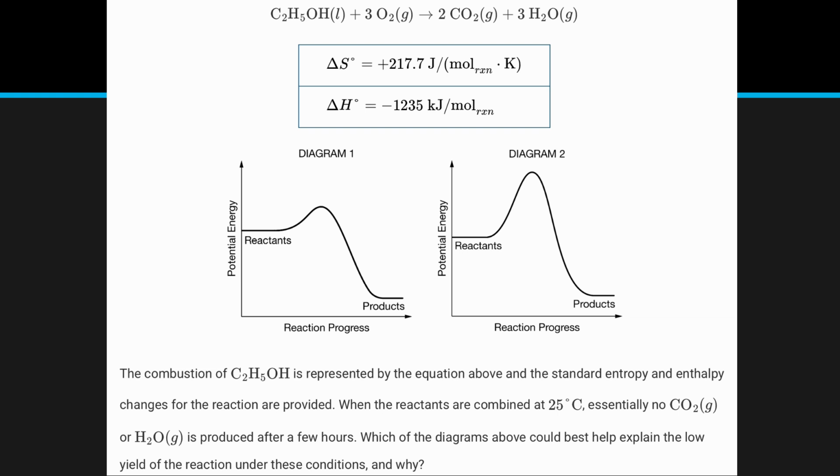So in diagram 2, you can see we have a much larger activation energy barrier than we do in diagram 1, meaning that few molecules have enough energy to successfully react at that temperature and form products. And because of that high activation energy, the reaction is going to occur very slowly, so little product is going to form even though the reaction is favorable.